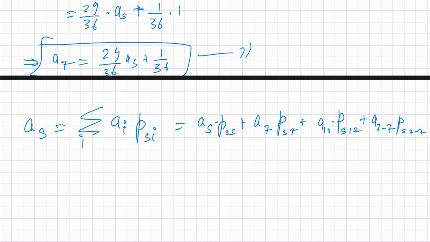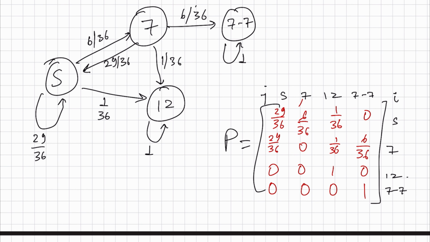This is anyway 0. You can get rid of this last term. Then this becomes equal to AS times probability of staying in the same transient state. So in this case, we're going to be using this row here. From S, if you have to stay in S, this is 29 by 36. From S, to go to 7, it's 6 by 36. From S, to go to 12, it's 1 by 36.